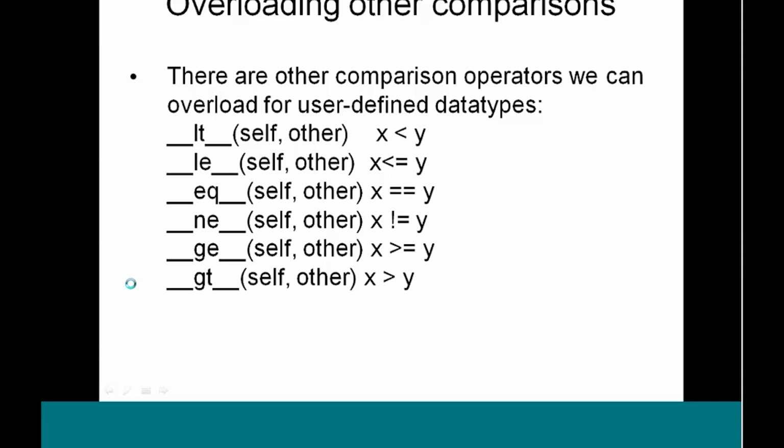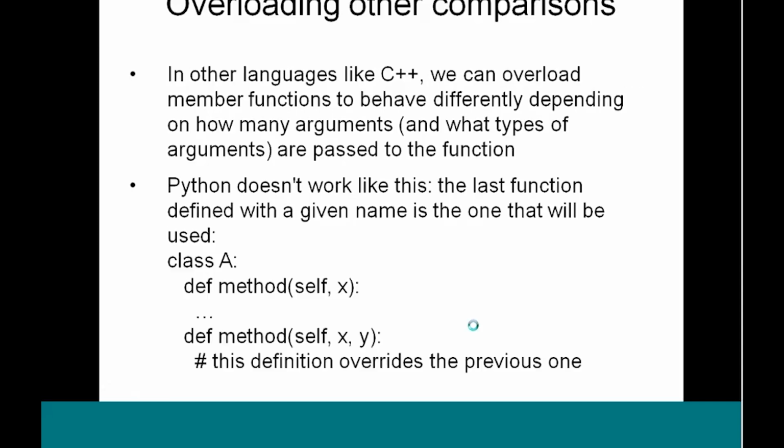And then there are __ge__ and __gt__. __ge__ stands for greater than or equal to, and __gt__ stands for just greater than. So all the logical operators, or the testing operators, we can overload and then use.